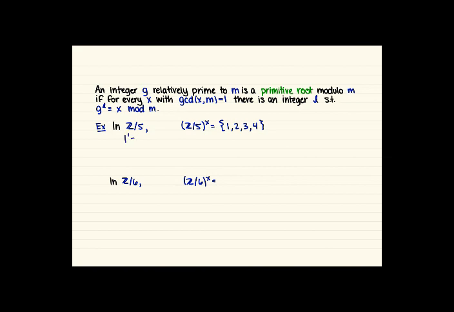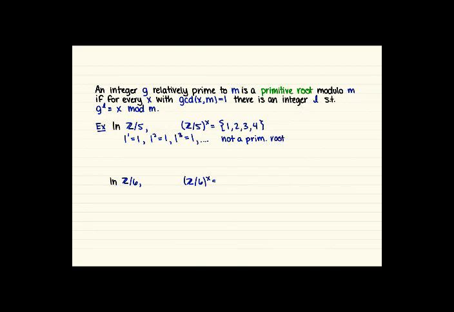So if we do 1 to the 1, we get 1. 1 squared is also 1 by doing 1 times 1. 1 cubed is 1. So on and so forth. We're always going to get 1, so we don't get everything in Z mod 5 cross, so then 1 is not a primitive root.